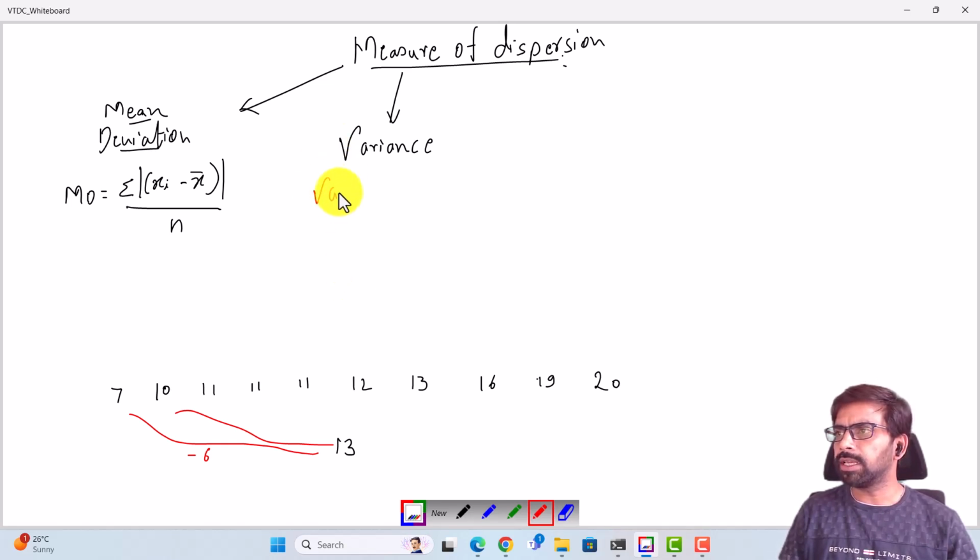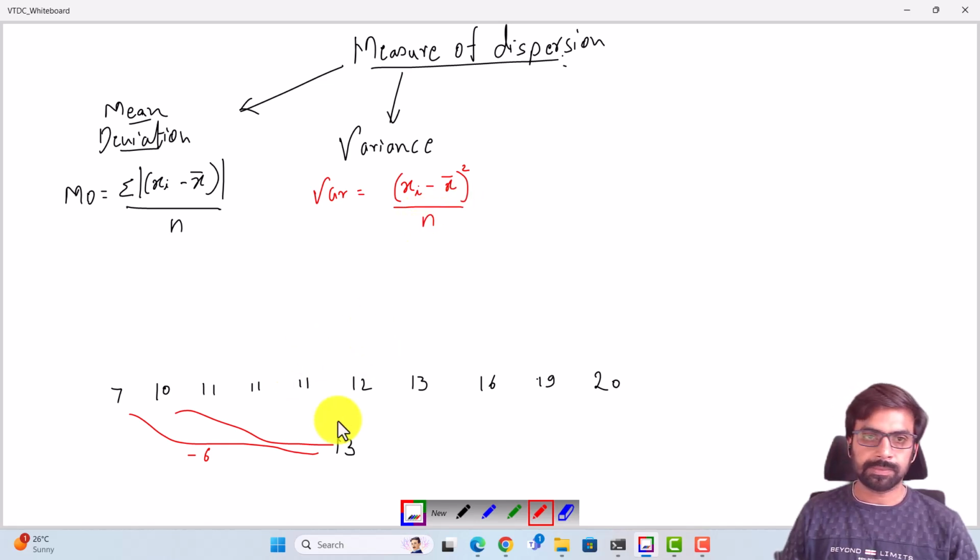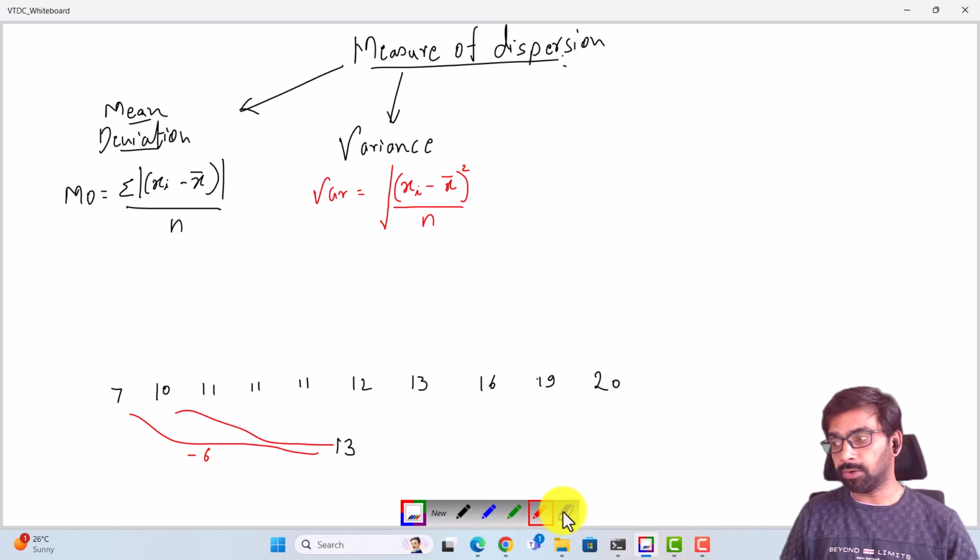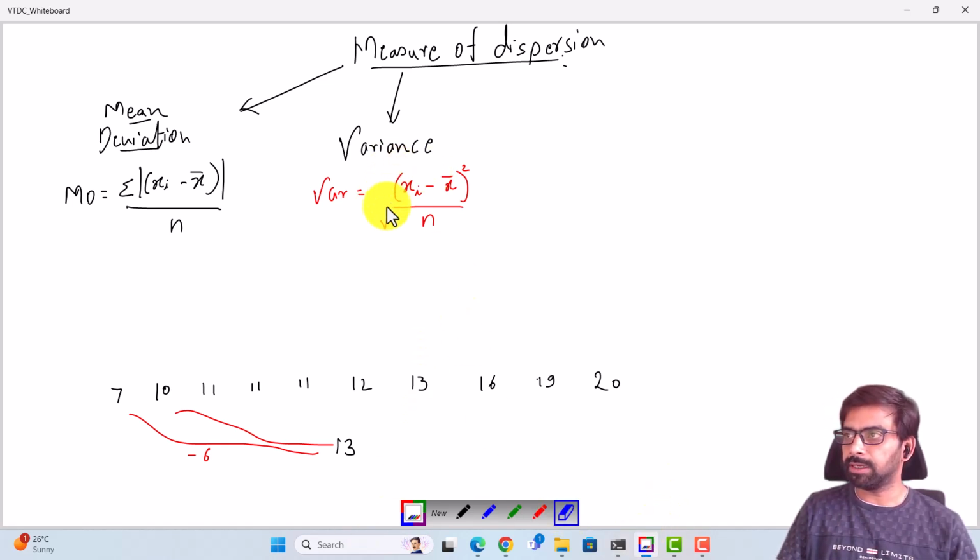Let's take the difference of every point from its mean and do not take the modulus, square it. Square it. And then divide this by n, the number of quantities. Sorry, the square root will not be taken over here. I am so sorry.